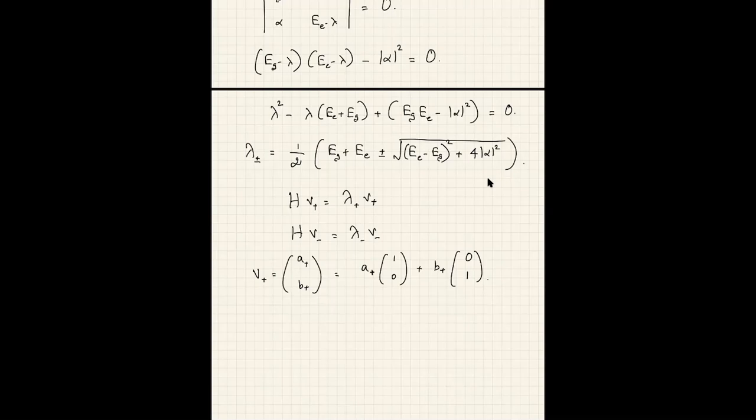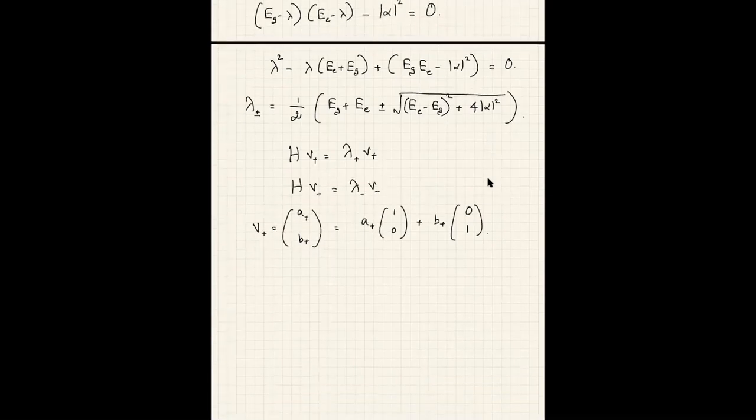Anyway, coming back to this problem, I will again solve for the eigenvectors using the exact same criteria as before. The matrix with entries Eg, alpha star, alpha, Ee acting on the eigenvector (A plus, B plus) equals lambda plus times (A plus, B plus).